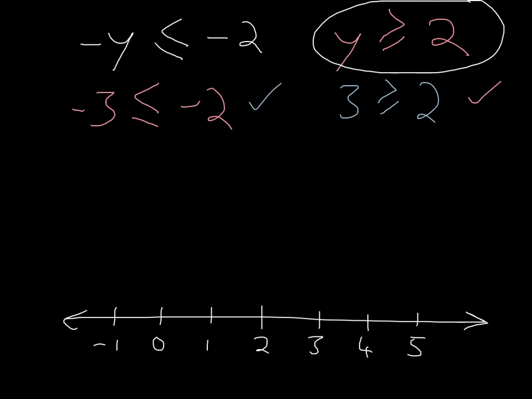Now we know that it's greater than or equal to 2, so we put in a solid dot, and we draw the arrow greater than all the way to infinity. And checking with the number we plugged in, 3 is greater than or equal to 2.